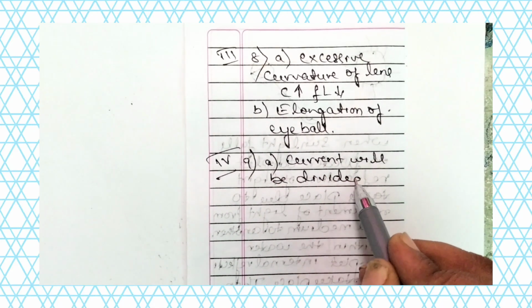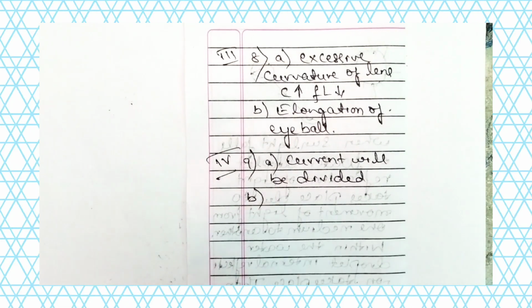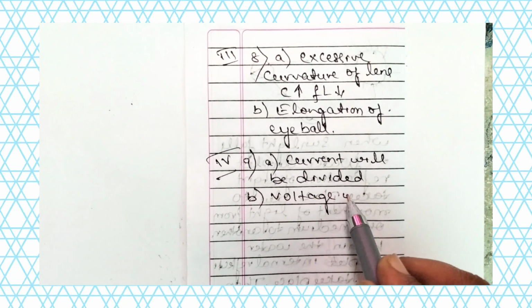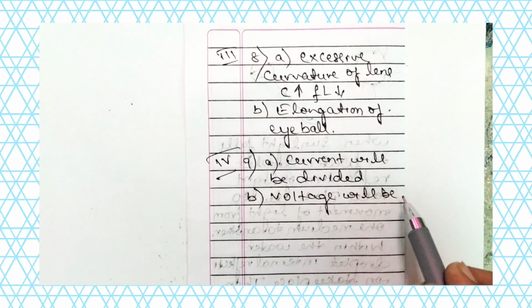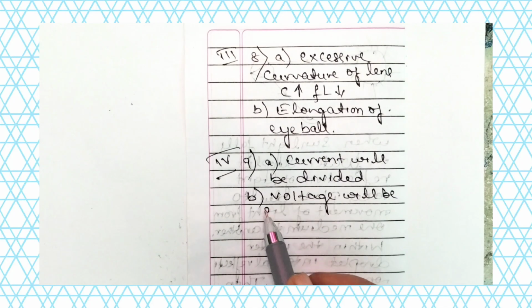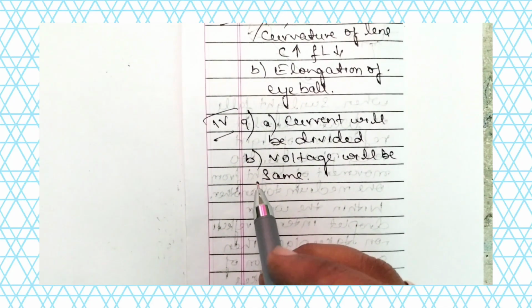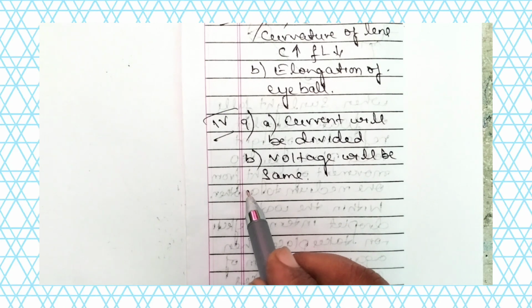This is the first reason. And the second reason is voltage will be same. If you go for parallel connection, voltage will be same. All the appliances will get the same voltage, but current will be divided to each appliance.